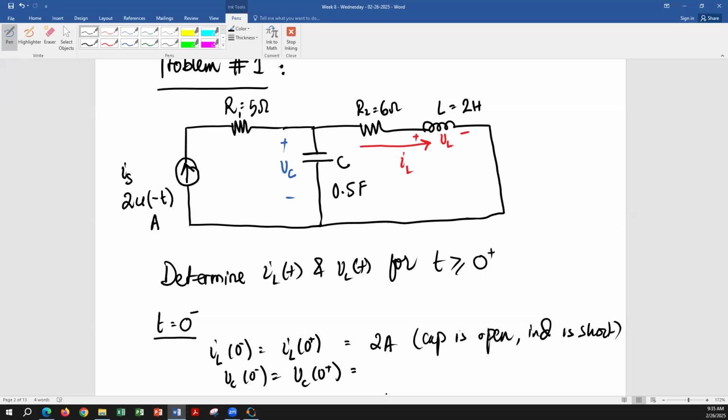If you're saying they're parallel, they are connected between the same two nodes. Are R1 and R2 connected between the same two nodes? R2 is connected between this node and this node, and R1 is connected between different nodes. So they're not in parallel.